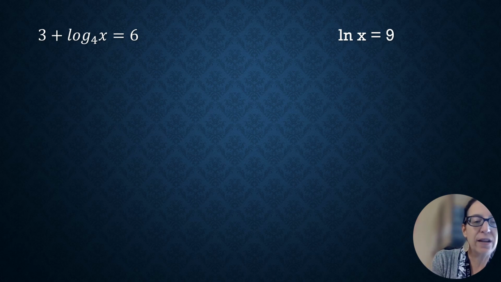Now I want you to notice there's a plus sign here. That plus sign goes with the log base 4 of x. It just means that it is positive. It doesn't dictate what you're going to do with the 3. What dictates what you're going to do with the 3 is the fact that the 3 is positive. And because that is a positive 3, now you will subtract it.